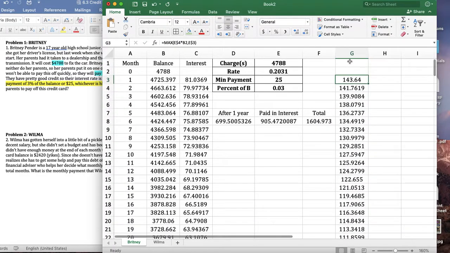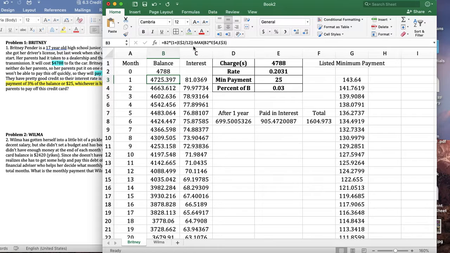So you could make a third column and say this is going to be the actual listed minimum payment. You could do that if you wanted to, and then in this part of the formula, instead of saying max of this, you could have this over here in a different column if you wanted. And that's another option for you.